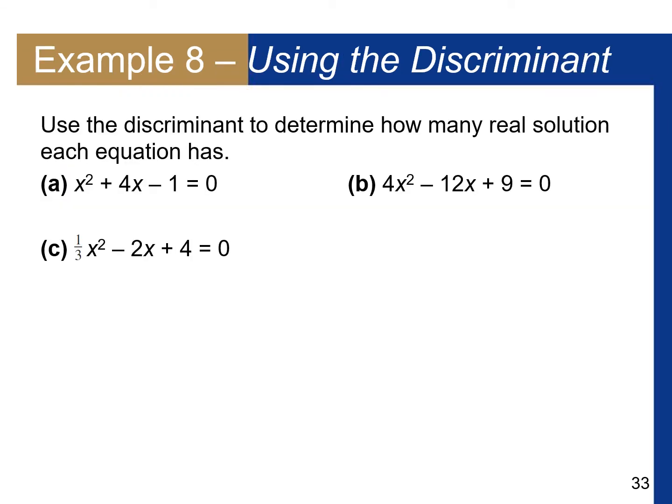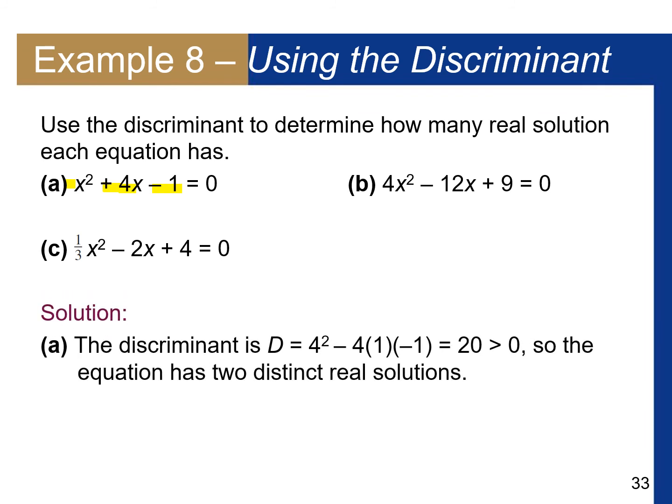Here, they're not telling you to solve. They're just saying, tell me whether there'll be 2, 1, or no answers. We look at the first one, and we have A being 1, B being positive 4, and C being negative 1. So the discriminant, which is b squared minus 4ac, is 20.